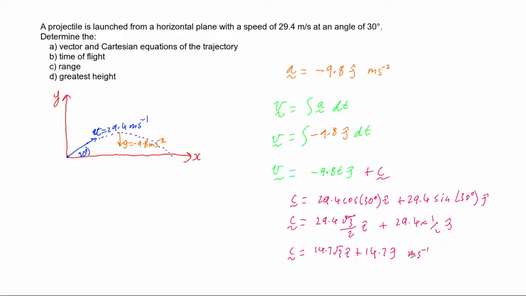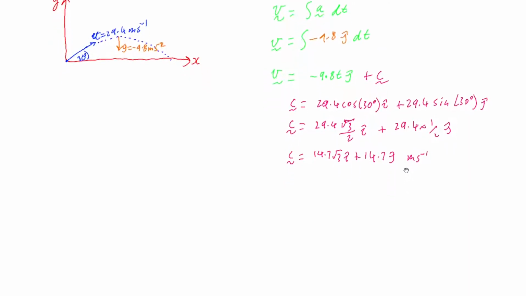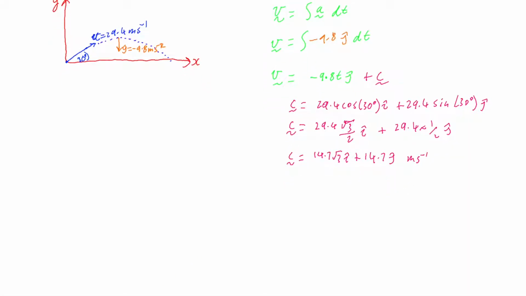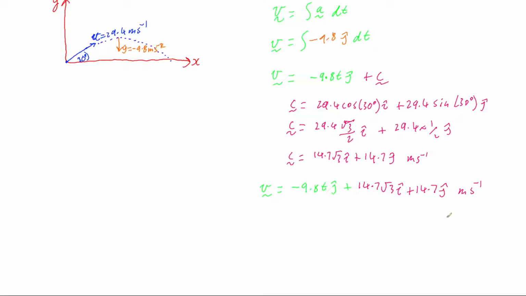So we can now finish off our velocity vector. It's going to be negative 9.8t j plus this c that we've just worked out, 14.7 root 3 i plus 14.7 j meters per second.